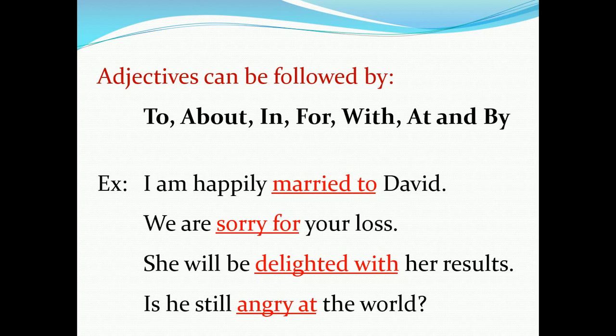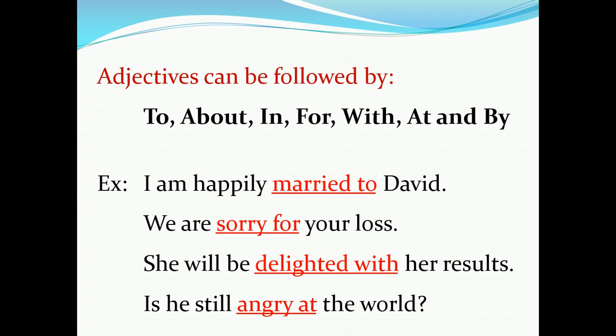You might have noticed in these examples, there are certain words in red color and also underlined, like married to, sorry for, delighted with, angry at. What are the specialities of these words? The words married, sorry, delighted, angry, all these are adjectives.